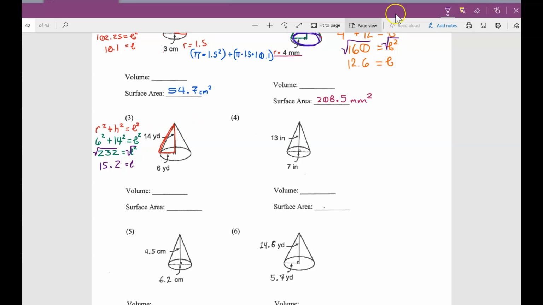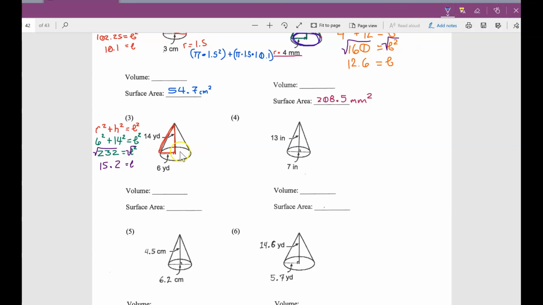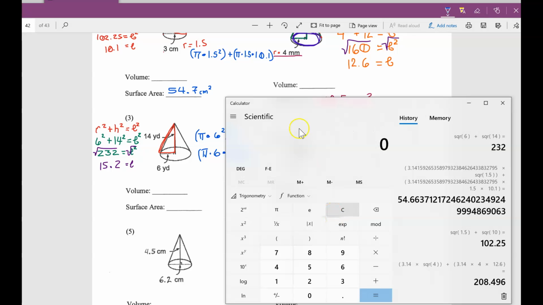Once we know our slant length, we can plug everything in to our formula. The first one is pi times the radius squared. We know our radius is 6, plus pi times the radius, which is 6, times our slant, which we now know is 15.2. Jump to our calculator, clear everything.